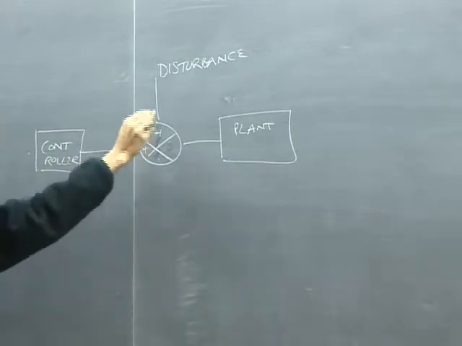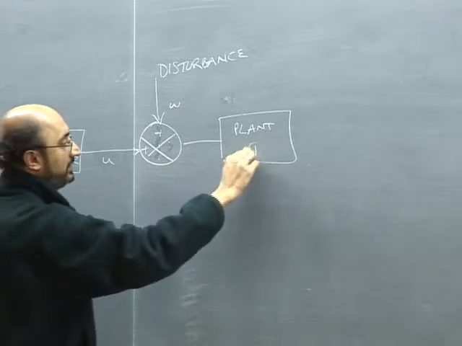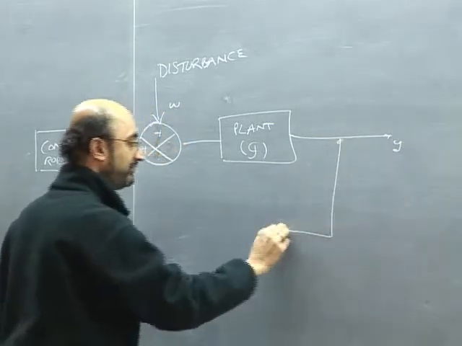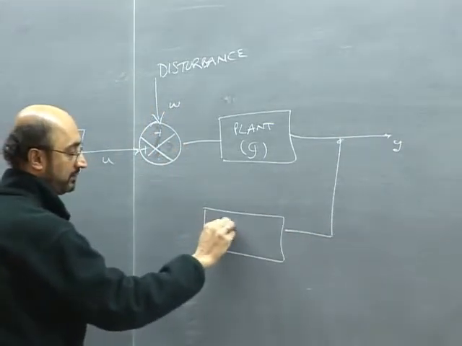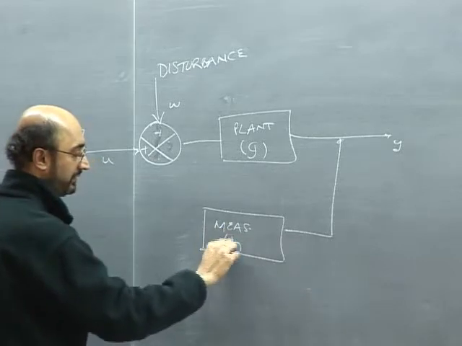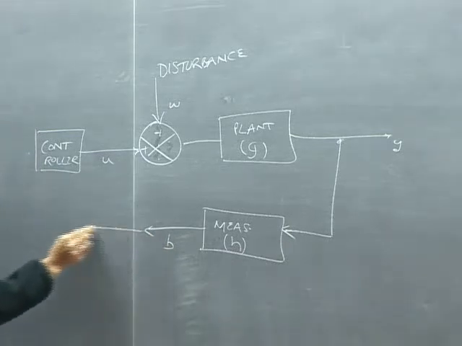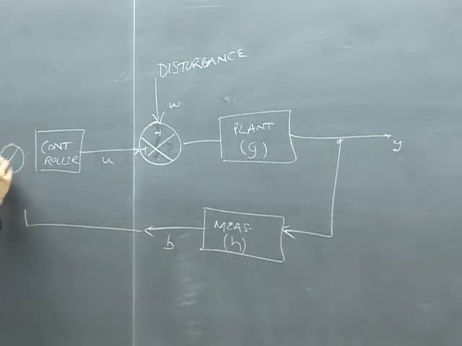The control input is U, the disturbance is W, the plant is G, and then you have some output which is Y. Then we have some feedback going into a measurement system, usually drawn as H, and we get some feedback B. We take the negative of the feedback and the reference R, and this gives the error E, and the controller uses the error E to decide what U should be, U being the control input.